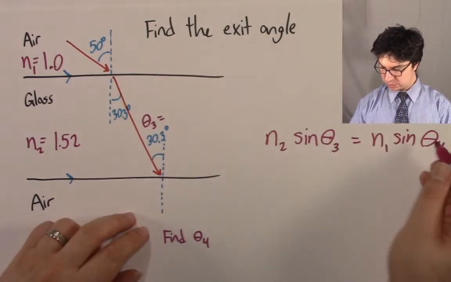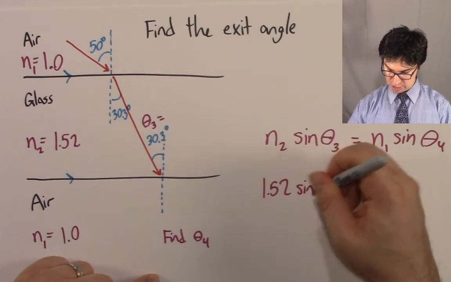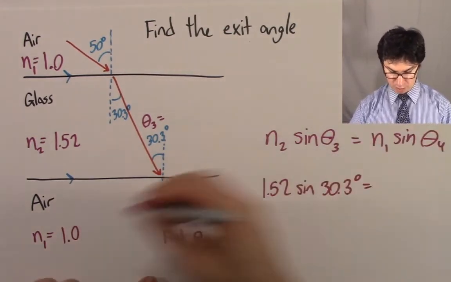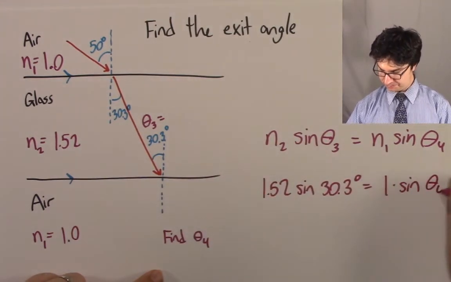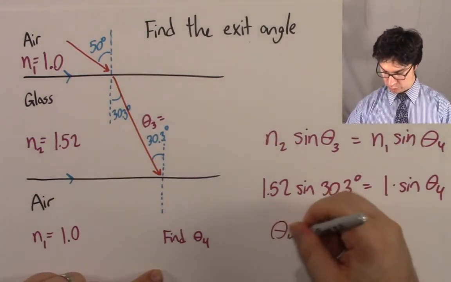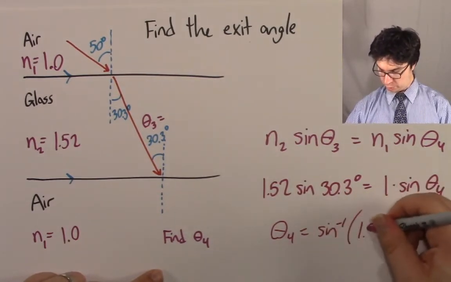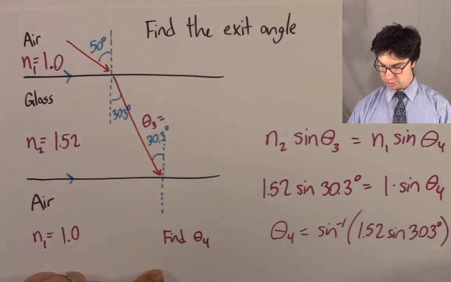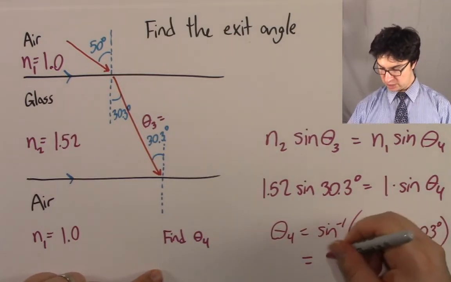Okay, so now let's solve for theta 4. Let's plug in our numbers here. We're going to have n2 is 1.52, sine of theta 3 is 30.3 degrees, equals n1 is 1 times the sine of theta 4. The 1 is going to cancel itself out, so theta 4 is equal to the sine inverse of 1.52 sine 30.3 degrees, or theta 4, oh my gosh, do you believe it?